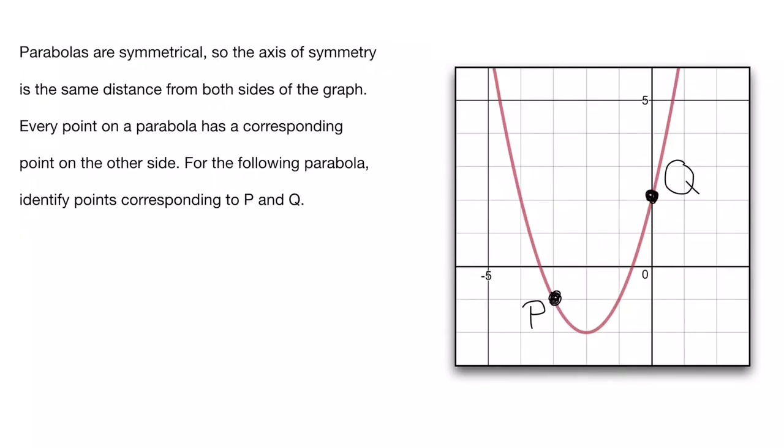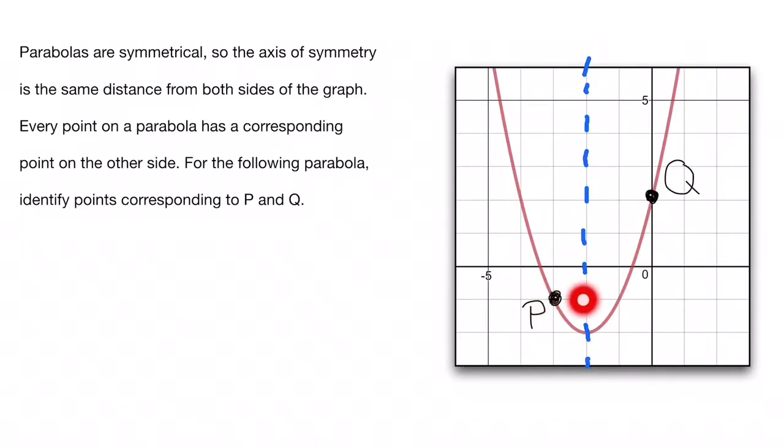Okay, parabolas are symmetrical, so the axis of symmetry is the same distance from both sides. So in this case, this would be our axis of symmetry. Every point on the parabola has a corresponding point on the other side. For the following parabola, identify the points corresponding to P and Q. So in this case, if you look, P is right here at -3, -1.